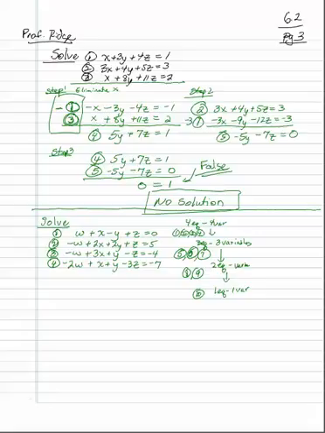So we're going to take equation 1 and 2 and let's get rid of z. Eliminate z. So equation 1 and 2. And we're going to get w plus x minus y plus z equals 0.